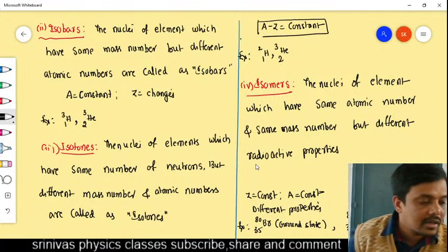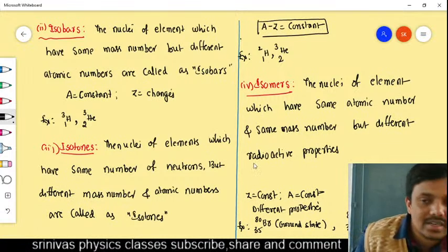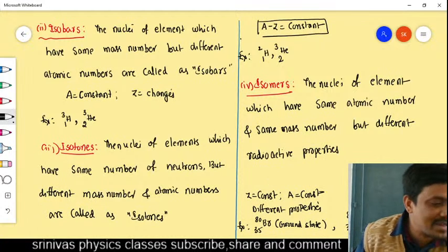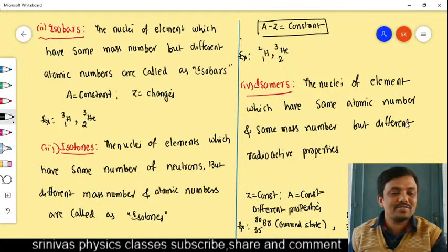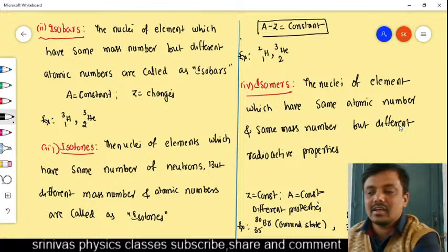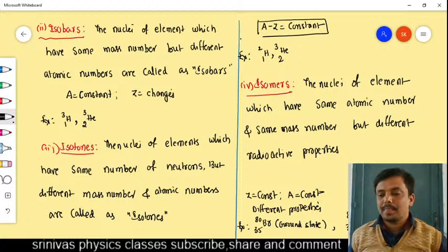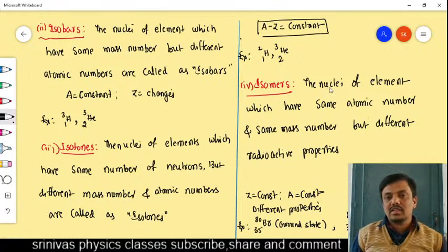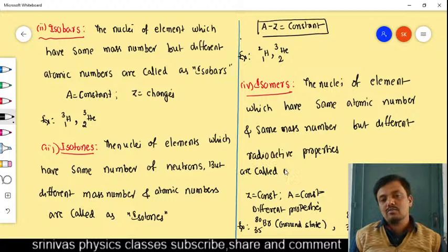Are you getting it, students? I think the 35 bromine in the metastable state is not appearing, right? Because of my photo, it went behind the photo. Now you see here, the nuclei of elements which have the same atomic number and same mass number but different radioactive properties are called isomers.